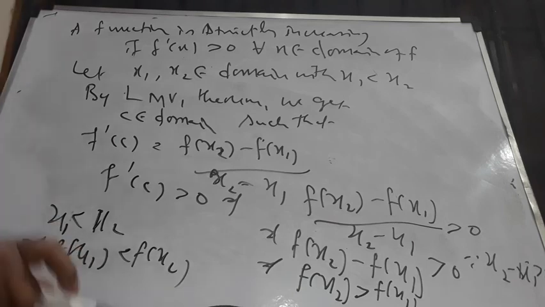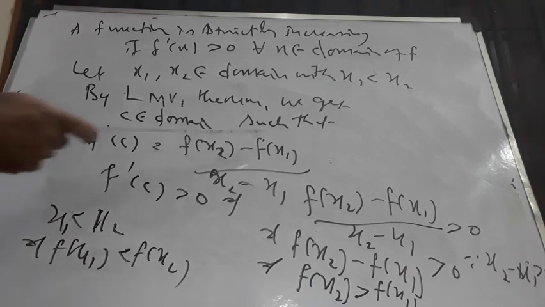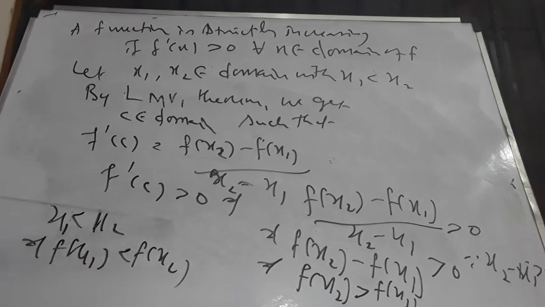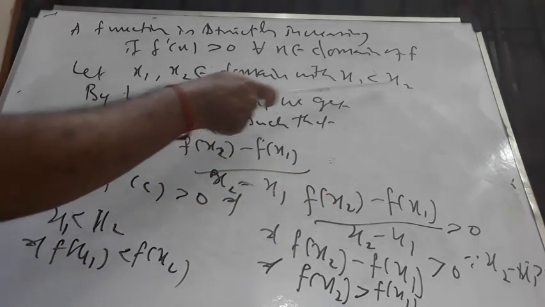Therefore, it will become a decreasing function. I repeat the whole process. By LMV theorem, in between the points x1 comma f of x1 and x2 comma f of x2, I will be able to get at least one point c. What is the condition? f dash of c is equal to f of x2 minus f of x1 by x2 minus x1. If f dash of c is greater than 0, this quantity is positive, but the denominator is already positive.